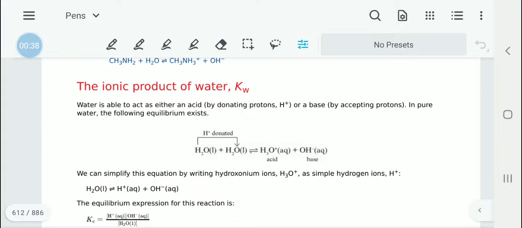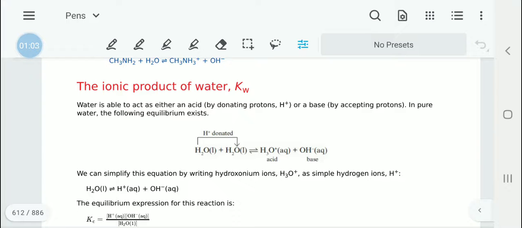Now we know that if something can donate a proton, hydrogen or H+, it is going to be an acid. If it can accept a proton, then it is a base. Now water can be dissociated.